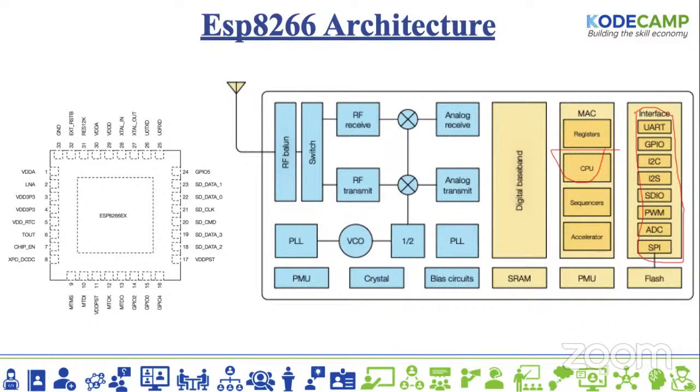So for the Wi-Fi mode, this very ESP works in three modes. Three Wi-Fi modes: the station mode, the soft AP, and then soft AP plus station mode.